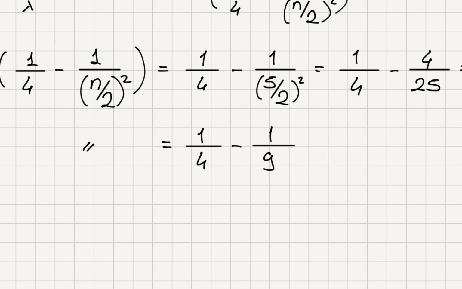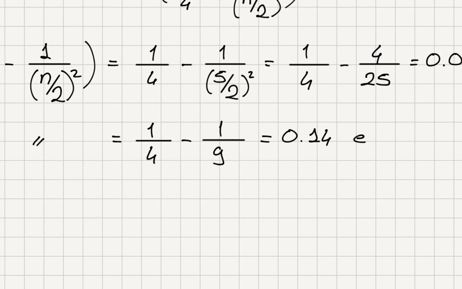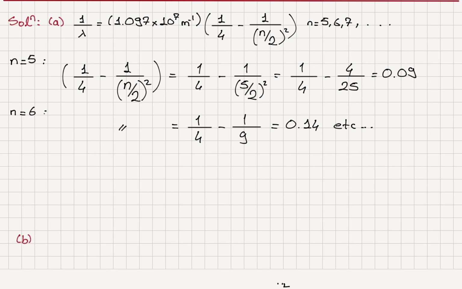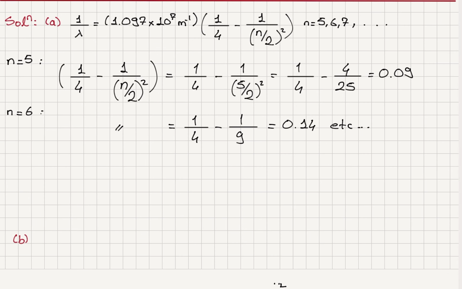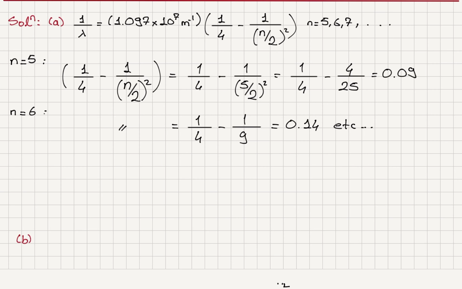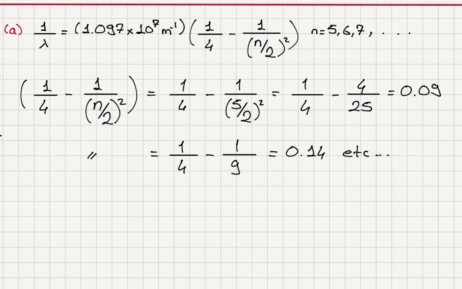And this gives us 0.14, and we can continue with this calculation for higher order n values. So you can see that this constant multiplied by this number is equal to 1 over lambda.